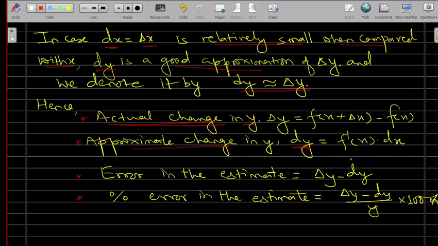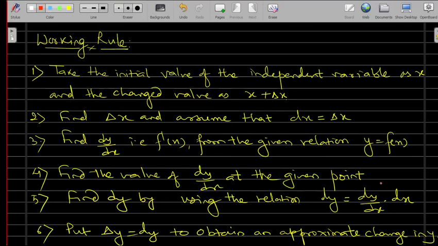The error in the estimation is actual minus approximate, that is, del y minus dy. Then the percentage error in the estimate is del y minus dy by y times 100%. These are the important cases.